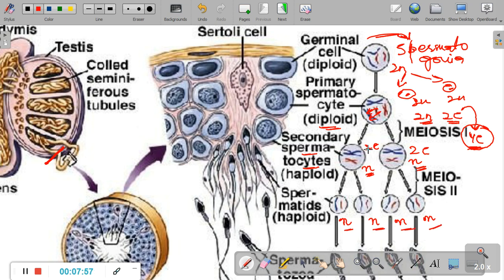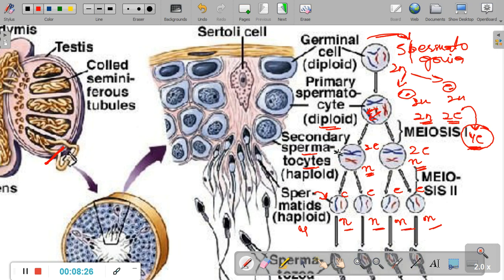Four haploid cells are formed, but now the amount of DNA is halved, so each of them has a single set of chromosomes, not a pair. And so we get 4 haploid cells, and these 4 haploid cells are called the spermatids. So a secondary spermatocyte undergoes meiosis 2 and forms 4 haploid spermatids.